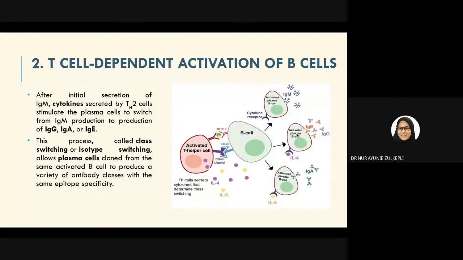This process is called class switching or isotype switching by the plasma cells. The other classes of antibody are also needed to mount the immune response against the pathogen, so you have to know about class switching, how different types of antibody are produced by the plasma cell.